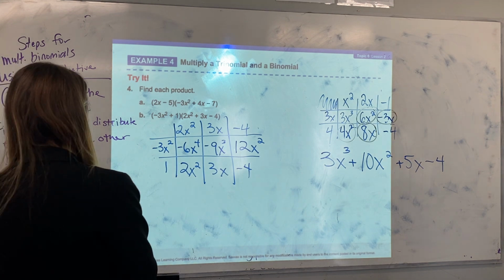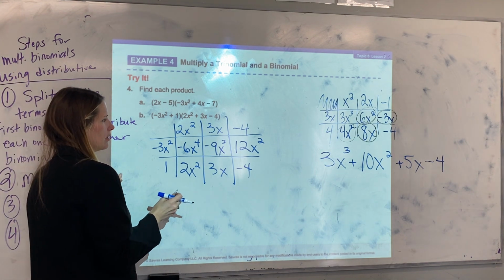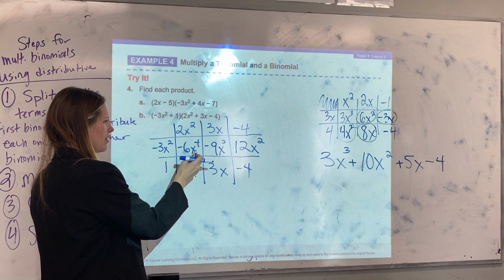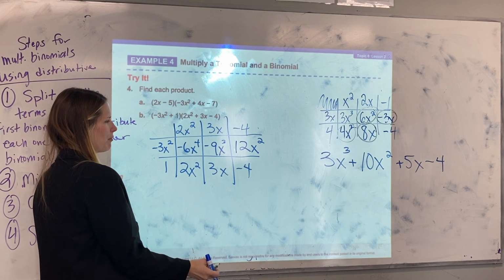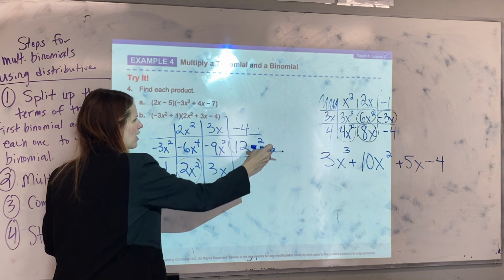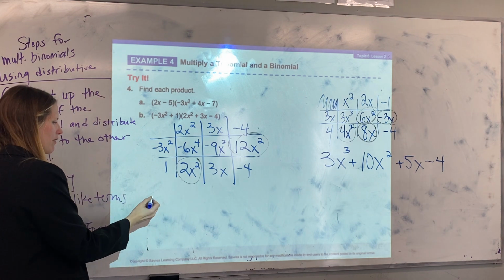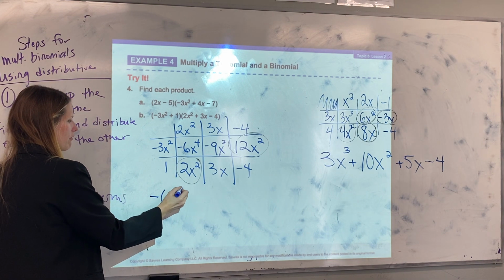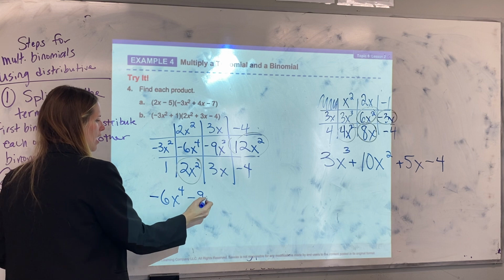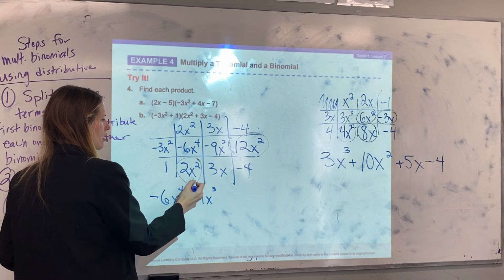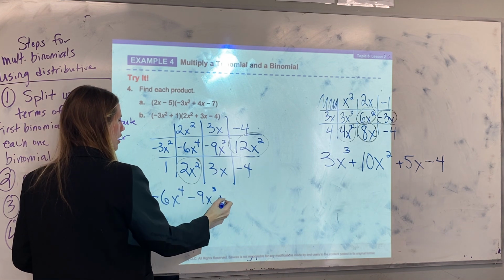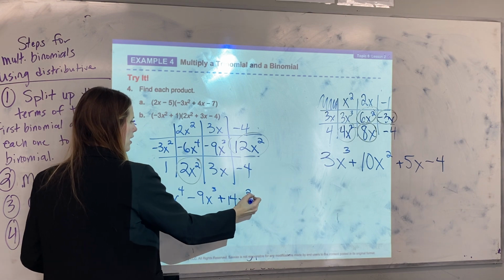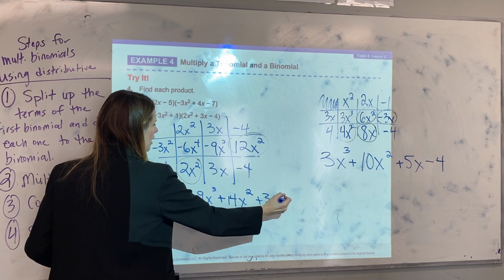So let's look at this. This can't be combined with anything, and this can't be combined with anything, only these two can be combined. That's gonna be a really long answer. I've got my negative 6x to the fourth minus 9x to the third. Combine these and I get plus 14x to the second plus 3x and minus 4.